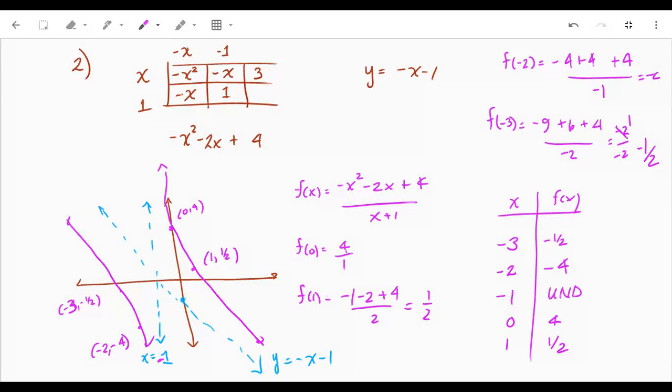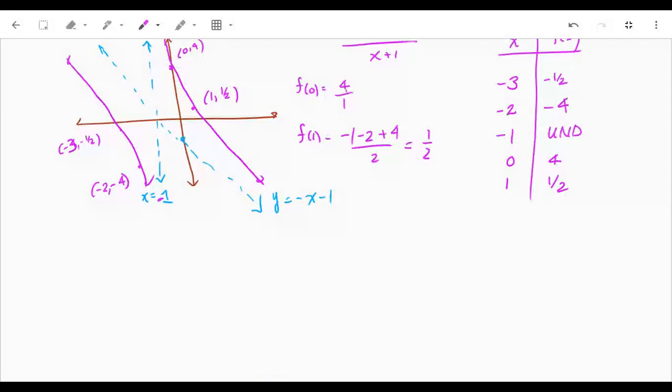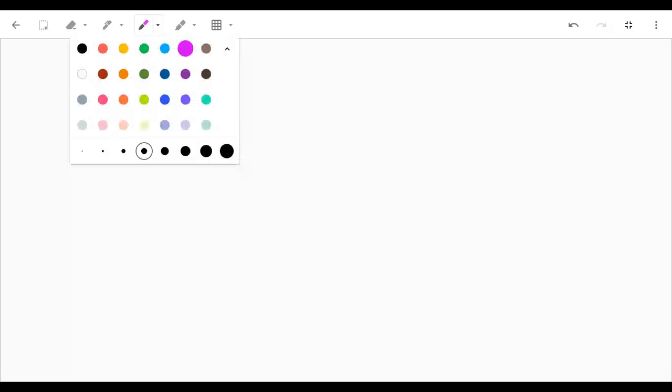The next topic is, let me scroll up here. Next topic is matching graphs with rational functions to vertical asymptotes.